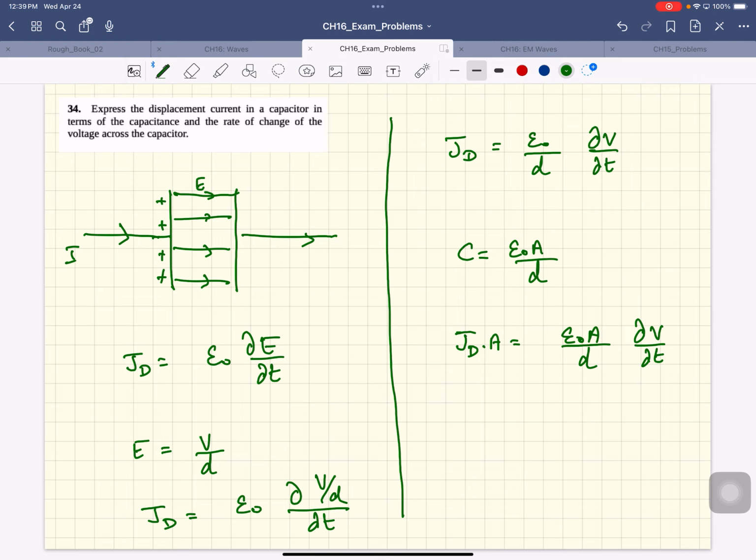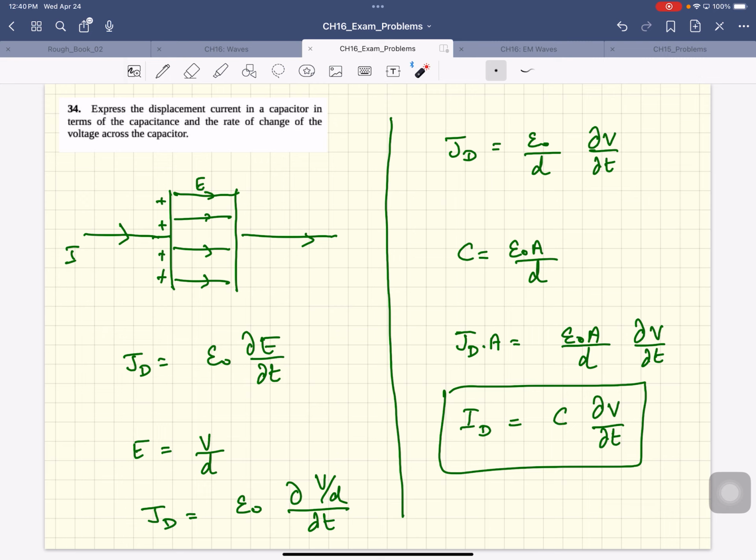But current density times the area of the plate is the current. So the displacement current is C times del V by del t, and that's what they're asking you.